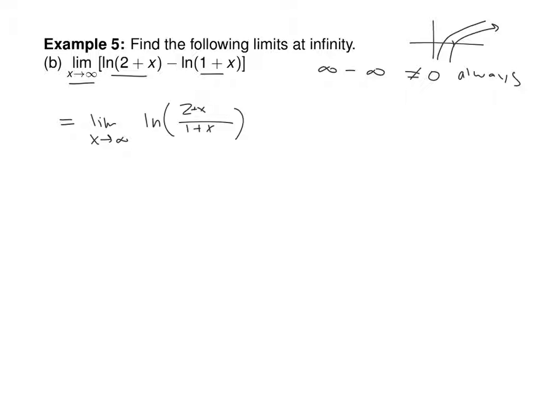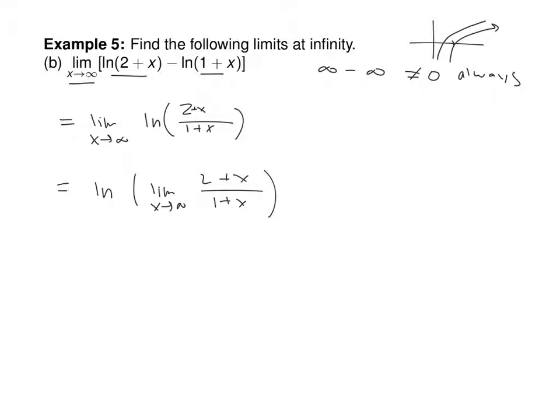Okay. Now this is kind of like the thing we had in the previous section where limits can go inside of continuous functions. Natural log, as long as it's defined, is a continuous function, right? So this can become ln of the limit as x goes to infinity of 2 plus x over 1 plus x. What you can do is find the limit of this stuff and then take the natural log of whatever it is.